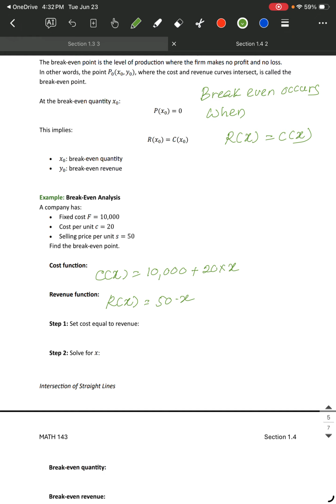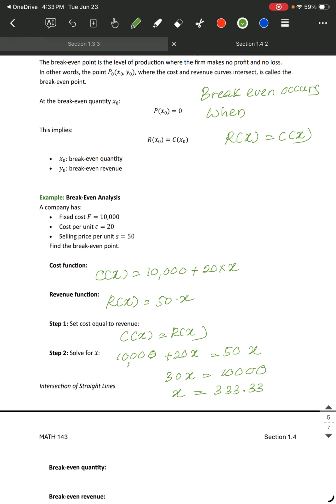Then to get the break-even point, set them equal: C of x equals R of x. Solve for x, it should be 333.33.